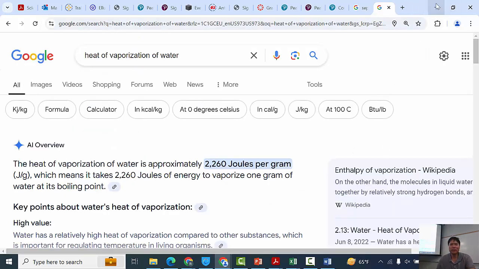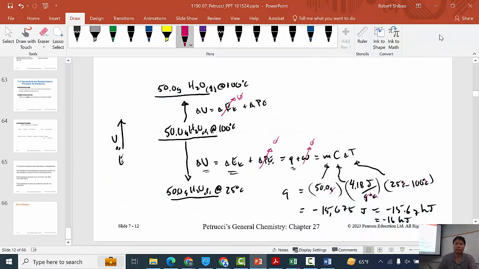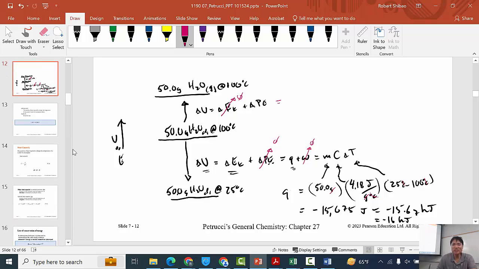The heat of vaporization is 2260 joules per gram. How much energy it costs to boil water is the amount times what we call, in this case, the heat of vaporization.